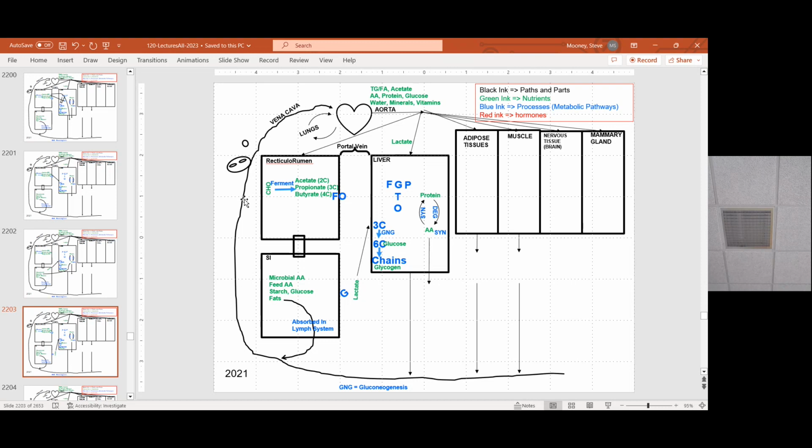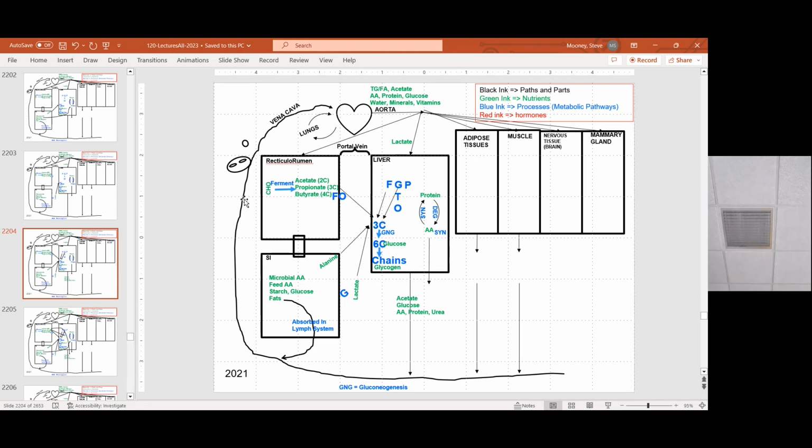The liver will recreate that glucose. So most of the glucose that is absorbed by the tissues doesn't leave to the portal vein as glucose. It's split apart into lactate and then recreated into glucose.